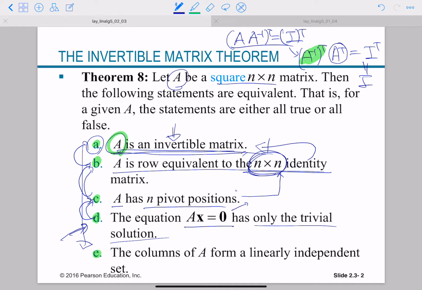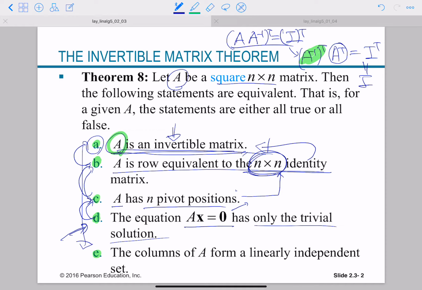And Ax = b will be guaranteed to have at least one solution because of the pivots existing in every row. So basically an invertible matrix will have a pivot in every row and every column, and that will lead to all the corresponding properties of the existence and the uniqueness of our solution.